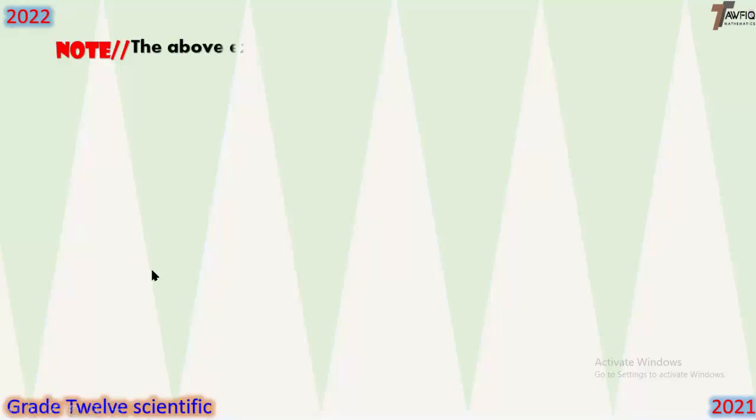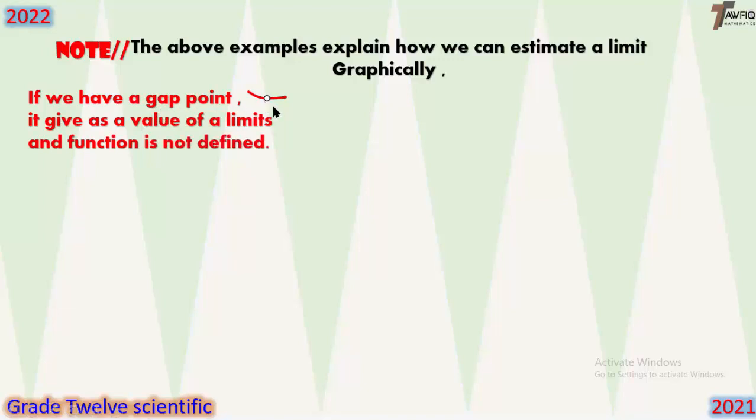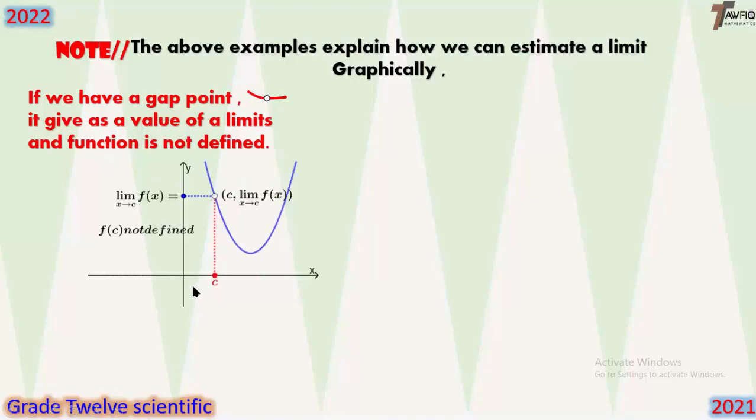Note, the above examples explain how we can estimate a limit graphically. If you have a gap point like this, it gives us a value of the limit, and the function is not defined. As you can see in this graph, this point is the limit as x approaches c of f(x), but f(c) is not defined.